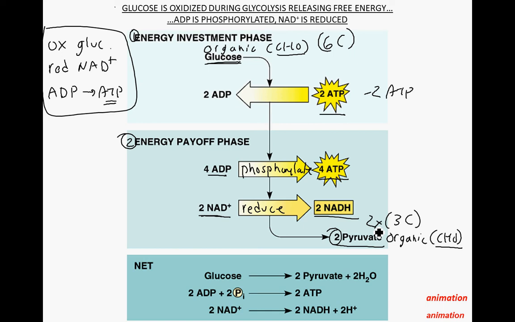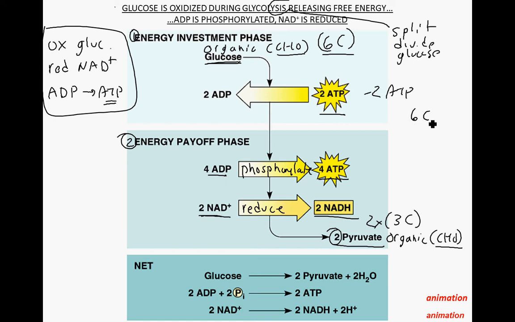Okay. So what happens in glycolysis is we're going to take this 6-carbon glucose molecule and we're going to split it. This is where we get the lysis from. Split or divide glucose, which is one 6-carbon molecule, into two 3-carbon molecules.